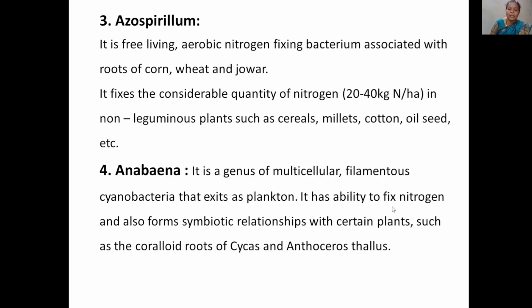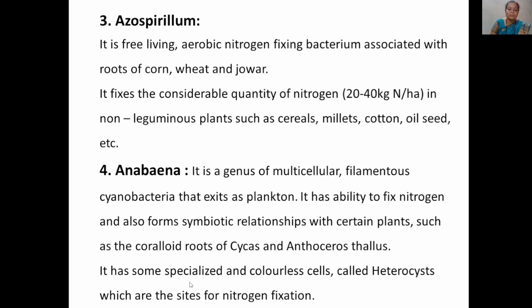It has the ability to fix nitrogen and also forms symbiotic relationships with certain plants such as the coralloid roots of Cycas and Anthoceros thallus. It has some specialized and colorless cells called heterocysts, which are the sites for nitrogen fixation. Go to next slide.